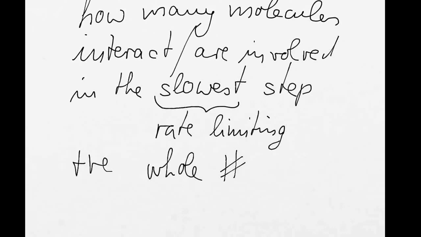And we are usually talking about molecularity of 1. That is when only one molecule is involved in the process. So, for example, we have radioactive decay, and a molecule just disintegrates. Or we have 2 molecules bumping into each other. We have 2.